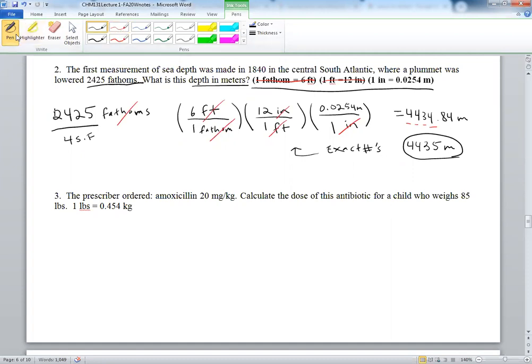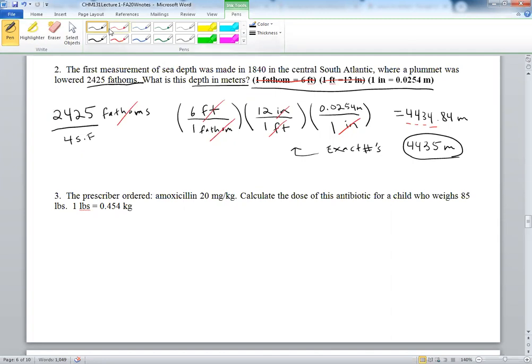So it says here the prescriber ordered amoxicillin, which is an antibiotic that has a 20 milligram per 1 kilogram of body weight. So the dosage here is 20 milligrams per 1 kilogram of body weight.